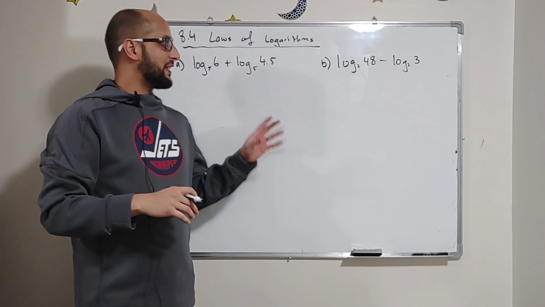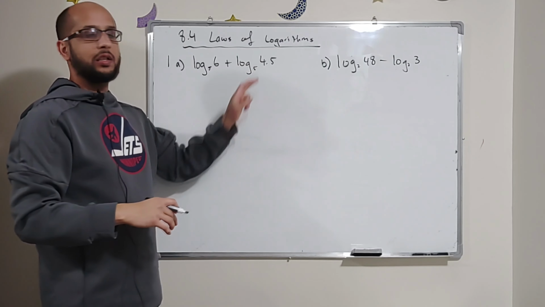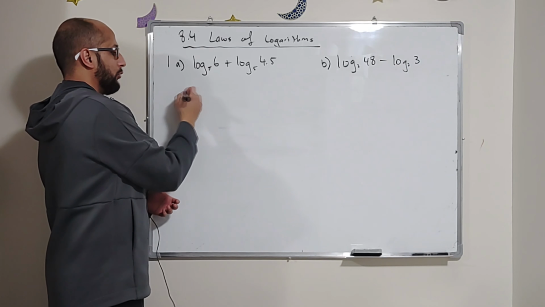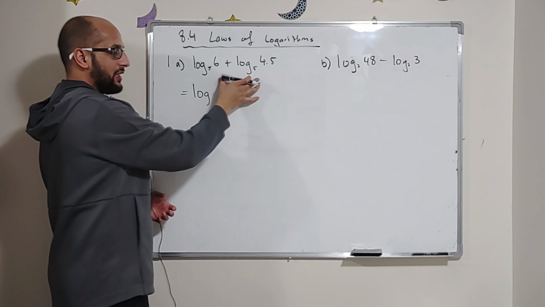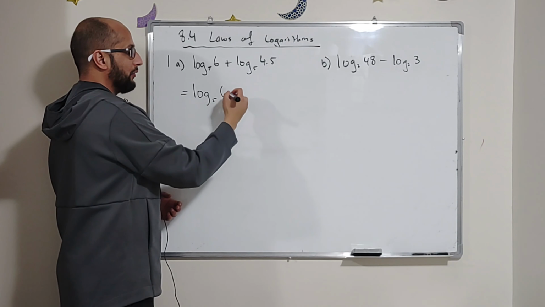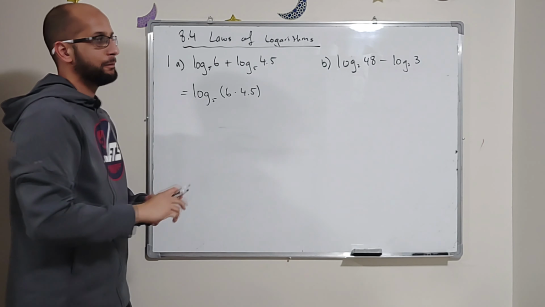Okay, let's start with our first example. We have log base 5 of 6 plus log 4.5. This is a direct use of the product law, so we're going to combine this into log base 5 of 6 times 4.5.